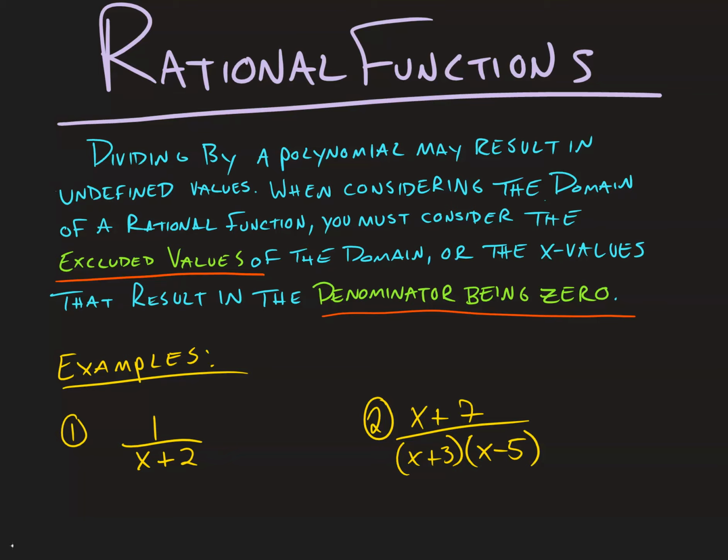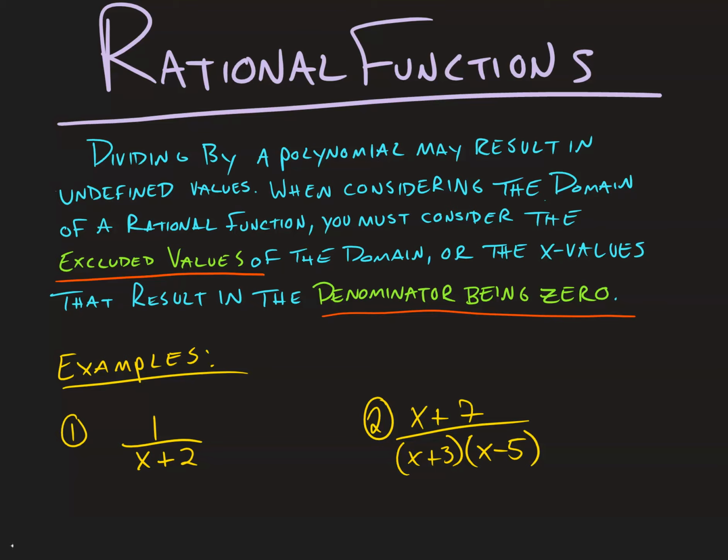In our first example, I have 1 over x plus 2. So normally the domain of a function would be all real numbers. However, we're dividing by a polynomial x plus 2, which might equal 0, depending on which x value we choose.